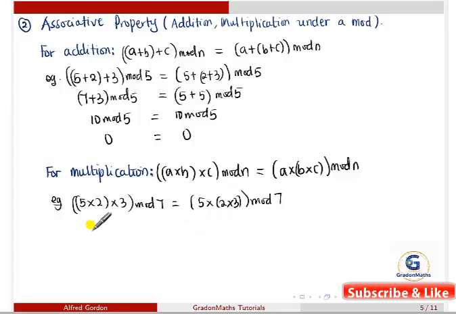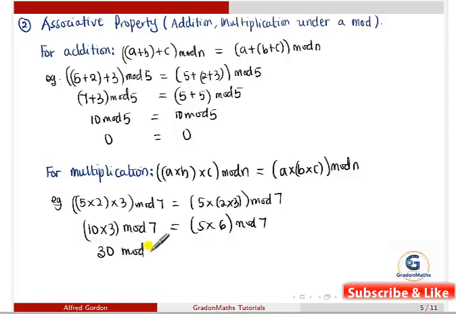I think it's good. Let's go. So 5 by 2 is 10 multiplying 3, mod 7, and here we have 5, and then in the bracket 2 times 3, which is 6, mod 7. You can take your time and go through this, you can pause. This is 30 mod 7, and this is also 30 mod 7.